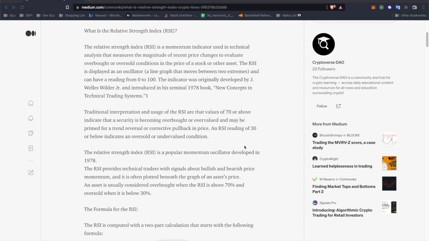And what this indicator does, yeah, I said momentum, what it does is it measures the magnitude or the intensity of recent price changes, and it uses this data to evaluate whether the market is in an overbought or an oversold condition, right? So generally, your brain is probably jumping to the somewhat correct conclusion.